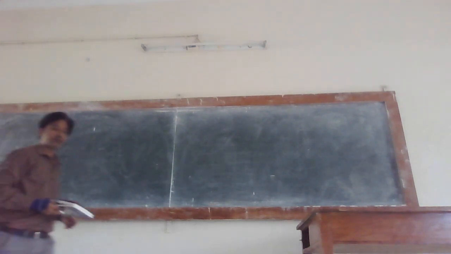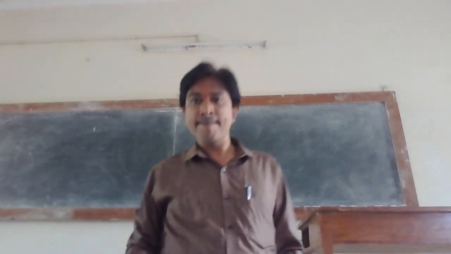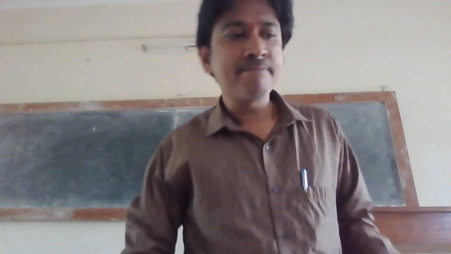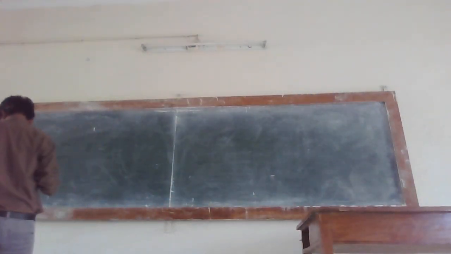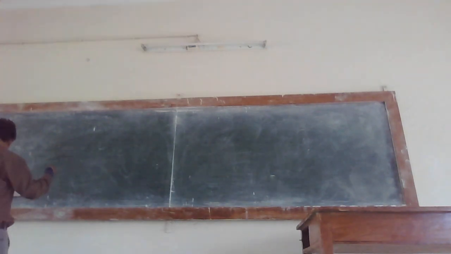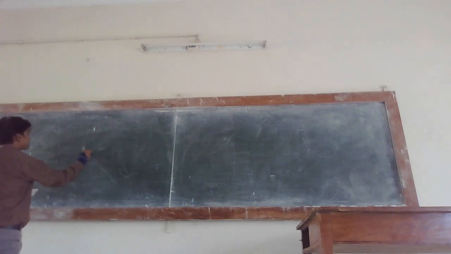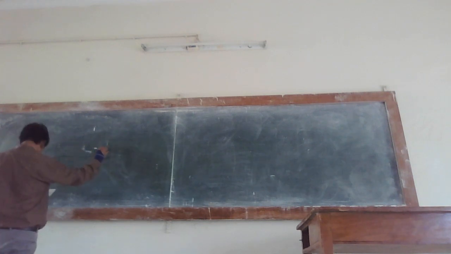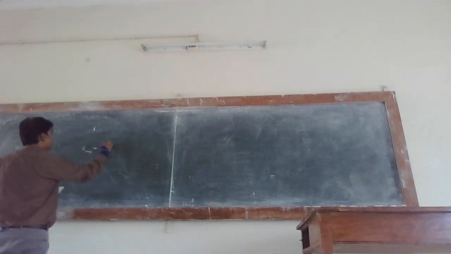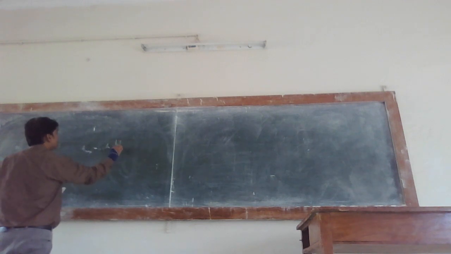Oops, time is over. Okay, so let's note down the expressions. Ultimately, there are two main expressions. t at t max is equal to ln(K2 by K1) by (K2 minus K1).